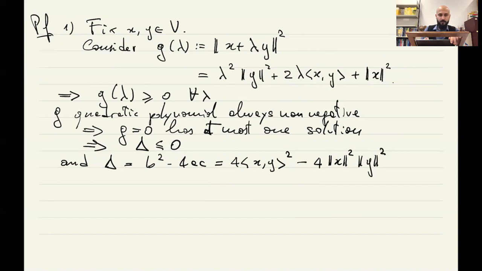Okay, so this thing is non-positive, so let's write it again. So this is the scalar product of x and y squared less or equal than norm of x squared norm of y squared.